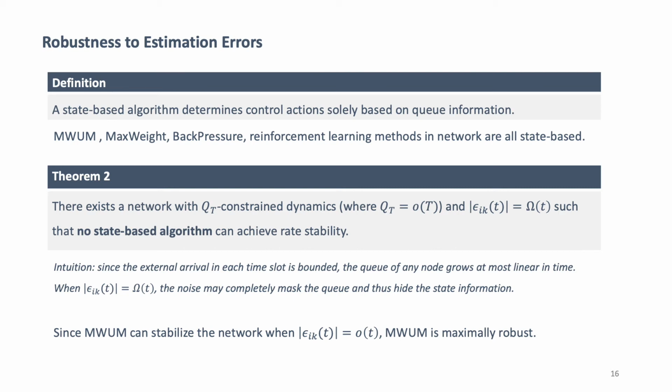And then we show that for a Qt-constrained network where Qt was sublinear in time horizon t, but the estimation error was at least linear to t, there does not exist a state-based algorithm to achieve rate stability. Meanwhile, we show that our algorithm can stabilize the network as long as the estimation error was sublinear in t. Therefore, we can say that our algorithm was maximally robust.